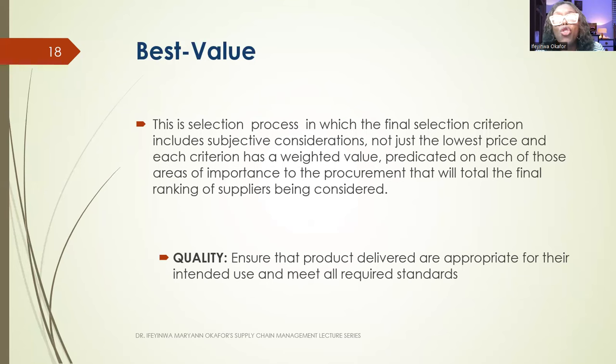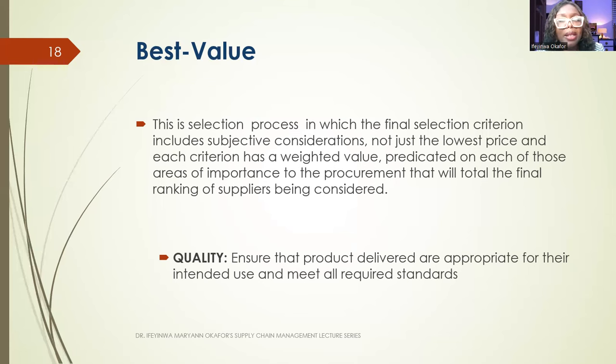You are also considering getting best value for your money. And each criterion has a weighted value predicated on each of those areas of importance to the procurement that will total the final ranking of suppliers being considered.